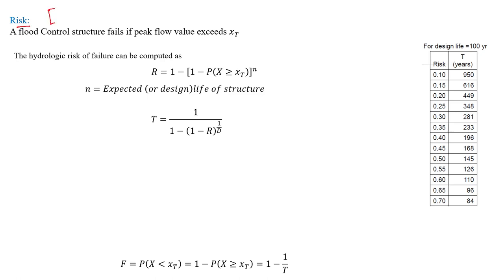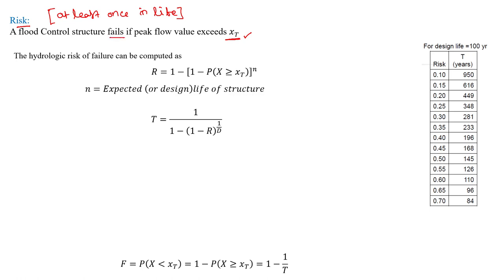Risk means at least once in its life. A flood control structure fails if peak flow exceeds xt. When the flow exceeds this particular xt, we say that our structure failed.